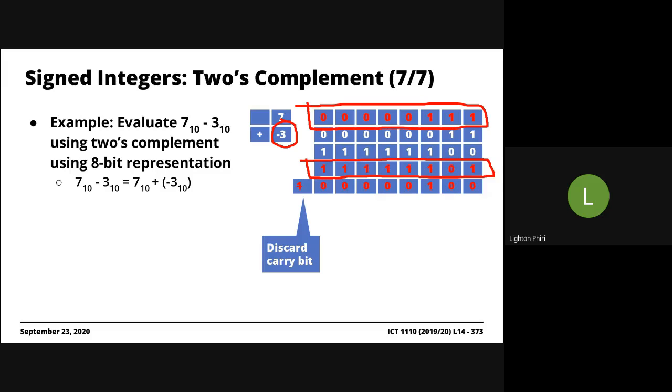When you're using 2's complement, you discard the carry bit or the overflow. The carry bit can be viewed as an overflow, and the overflow is linked to the bit representation you're using. So if it's 8-bit representation, maybe 16-bit representation for a half word, or 32-bit representation for a word, then you discard.